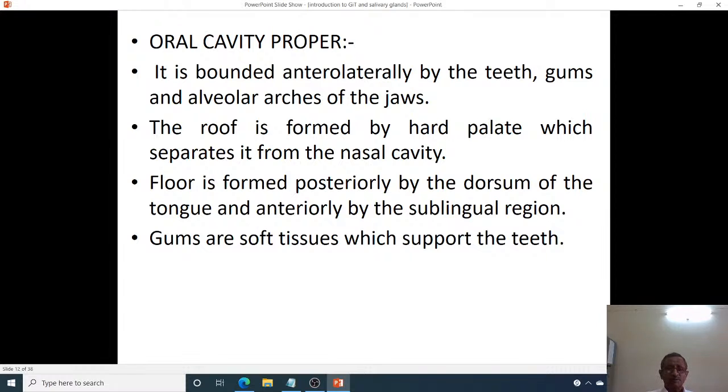The floor is formed posteriorly by the dorsum of the tongue and anteriorly by the sublingual region. So it is not a rigid structure, it has some muscles in the sublingual region, and posteriorly it is formed by the tongue only. Gums are soft tissue which support the teeth. So gums are the outer borders.